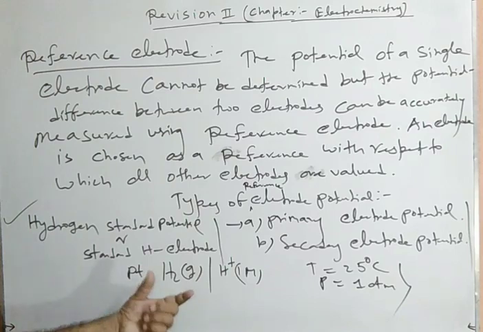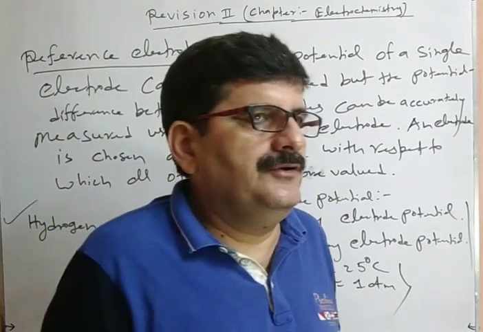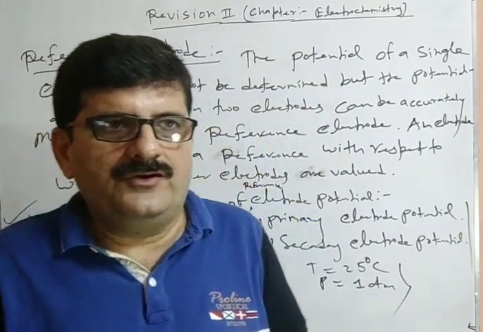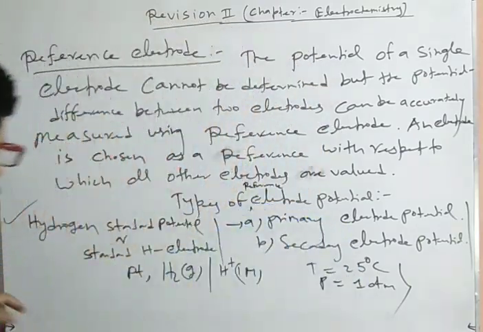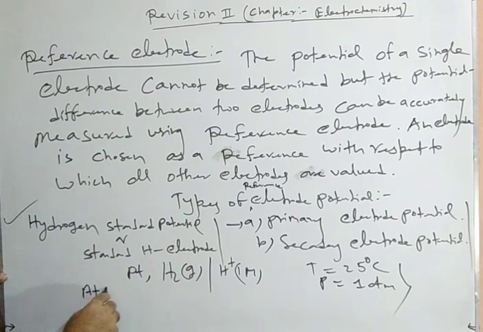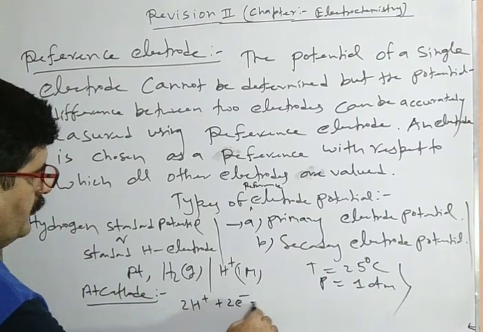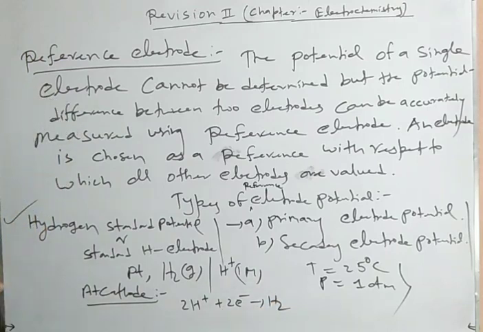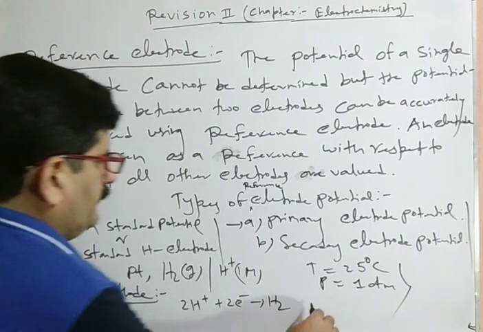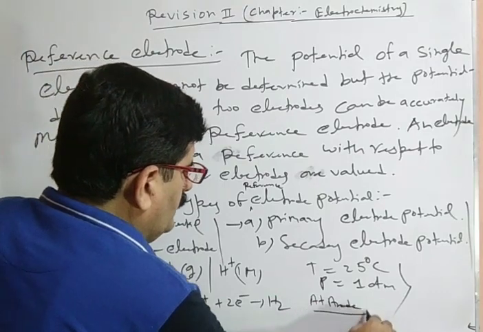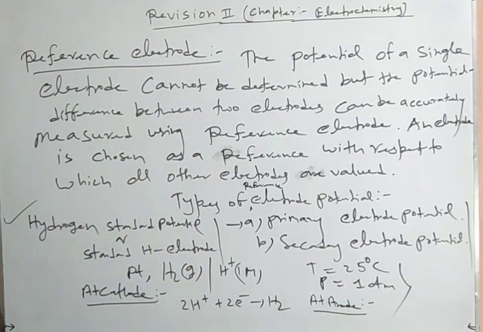Two patterns of reactions are possible. First one, reaction at cathode. You always know there is always reduction at cathode. So at cathode, we can write: 2H plus plus 2 electrons gives H2. At anode, the reaction becomes reverse.